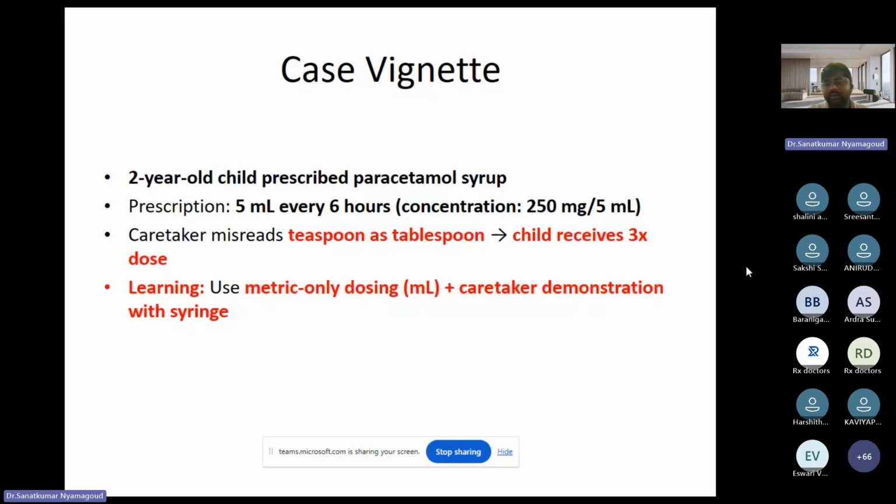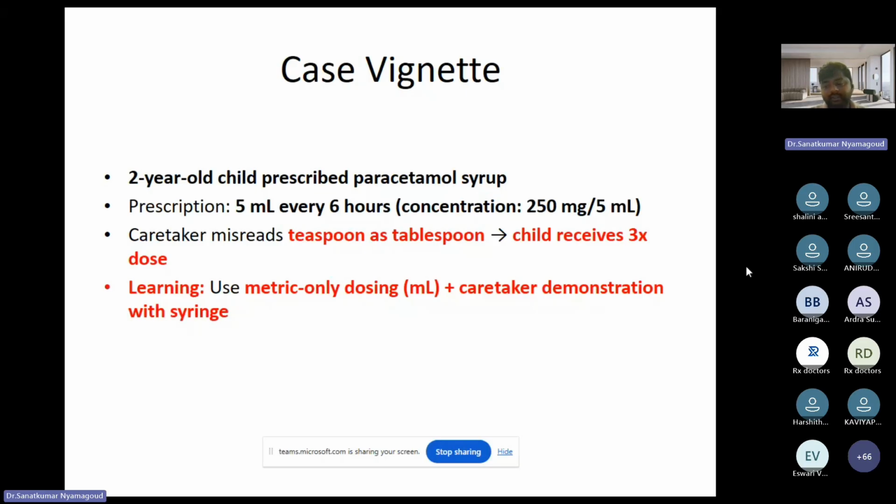The concentration we calculated was almost 250 mg for 5 ml. So the doctor suggested giving 250 mg for 5 ml every 6 hours. But the caretaker misunderstood and misread it as teaspoon instead of tablespoon.